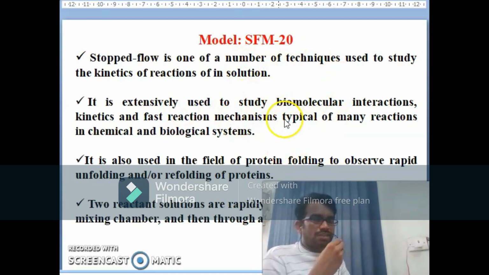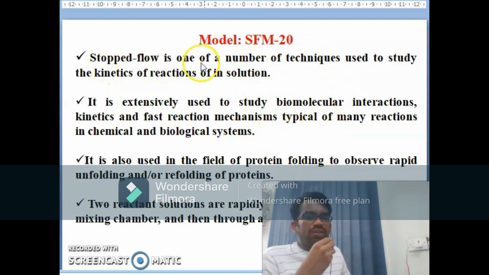I will explain this model in more detail. Stopped-flow is one of a number of techniques used to study the kinetics of reactions in solution. It is extensively used to study biomolecular interactions, especially biomolecular interactions.